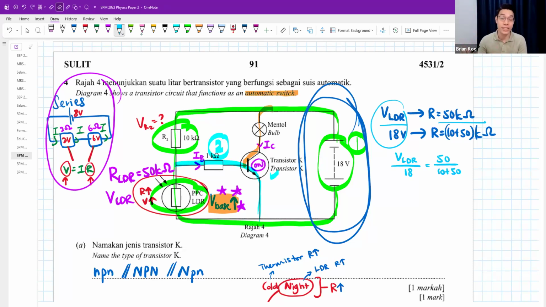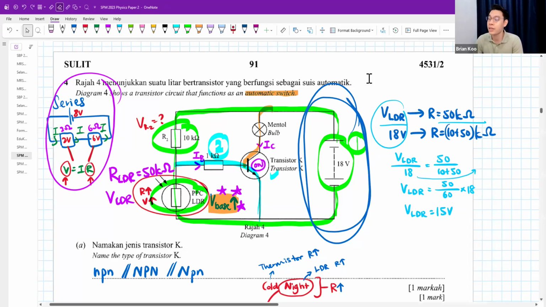Then you can solve it, just like that. 10 plus 50 is 60. Multiply the 18, go up. That's your answer. 15 volts. Okay, 15 volts is the answer.